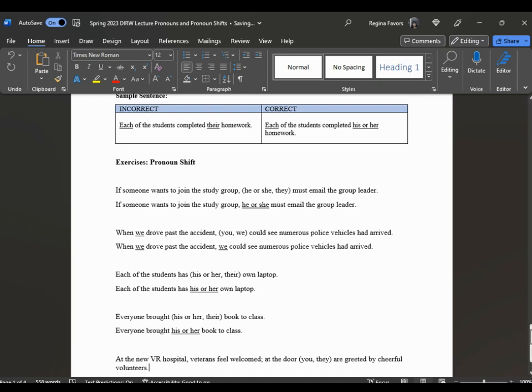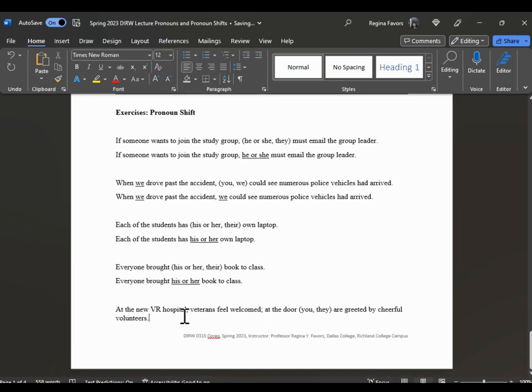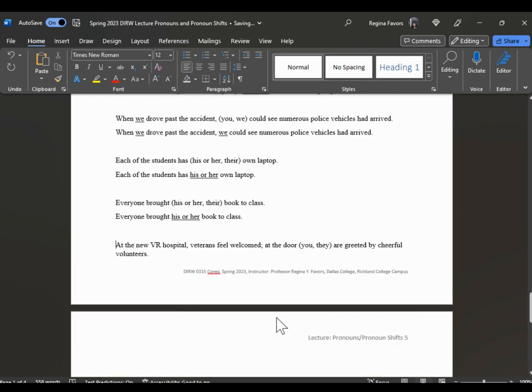And then at the new VR hospital, veterans feel welcomed at the door. They are greeted by cheerful volunteers, because veterans is actually in the plural, right? A lot of times we still want to use this second person use.